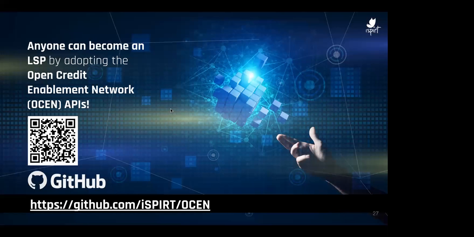So we'll just touch briefly upon how you go about using the OCEN API from here on and becoming an LSP. For the past 2 weeks, it's been great to see the feedback from a bunch of prospective loan service providers on the APIs as such, and also on the different kinds of use cases that are coming up, which has blown us away.